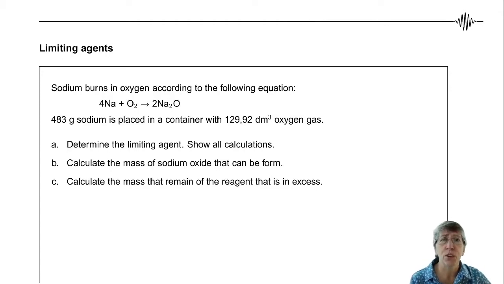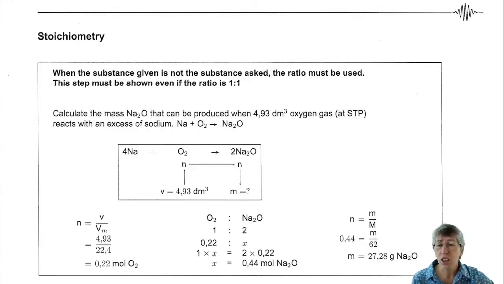going to be produced. Now, in the previous videos, the questions that we answered were questions where they were telling us that something is in excess, right? So here, for instance, they asked us, calculate the mass of sodium oxide that can be produced when that much oxygen gas reacts with an excess of sodium.